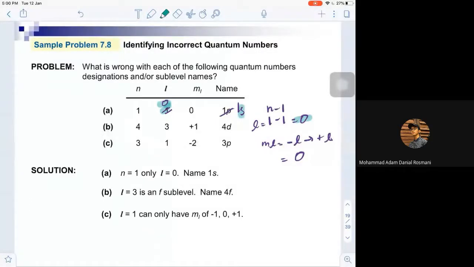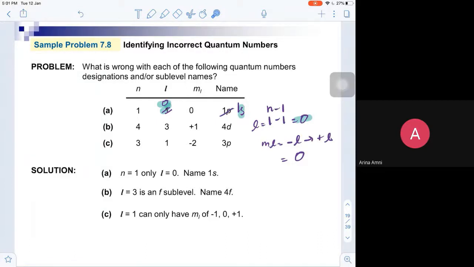Okay, and then part B. When n equal to 4, can L be 3? Yes. When L is 3, can ml be plus 1?